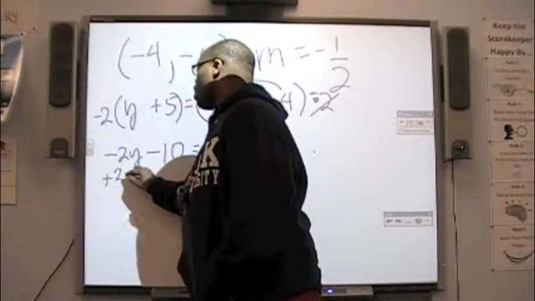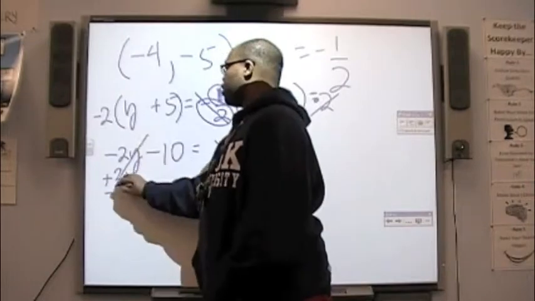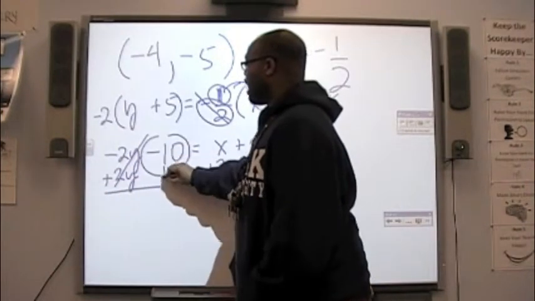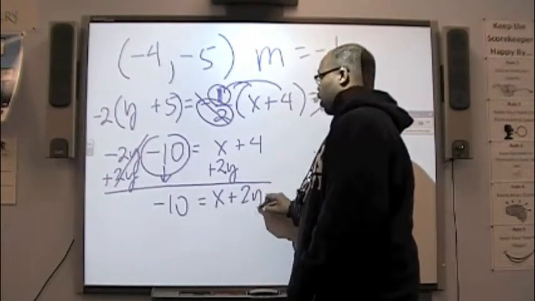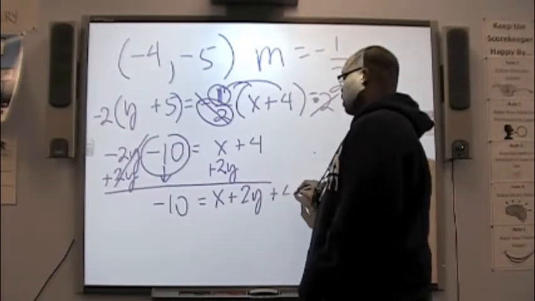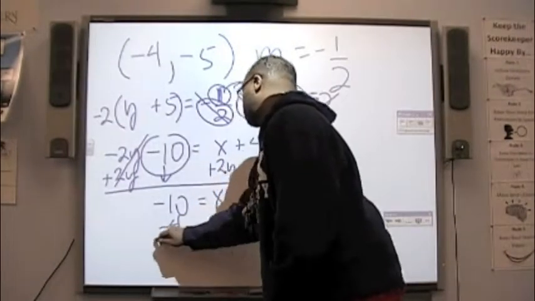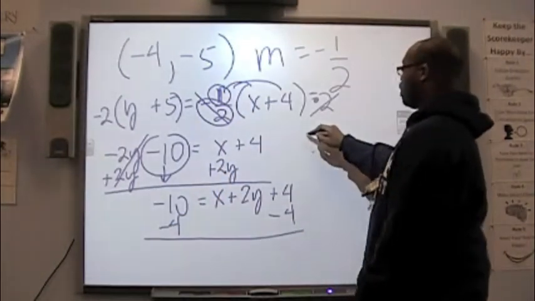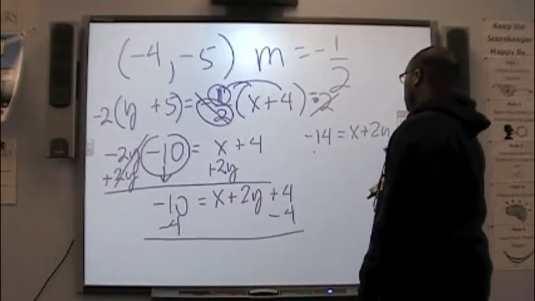I'm going to add 2y to both sides. Cancel this out. I'm going to drop down a negative 10. x plus 2y, they are not like terms, plus 4. Then I'm going to subtract 4 from both sides. That's going to equal a negative 14 equals x plus 2y.